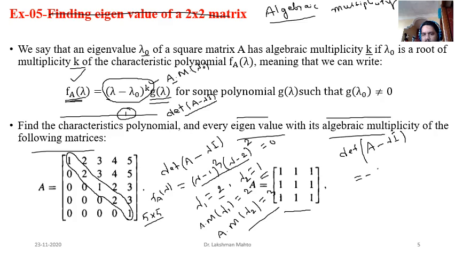It is guaranteed that negative lambda cubed will come here, then plus the trace. What is the trace? The trace is the sum of the diagonal elements, 1 plus 1 plus 1, that is 3, times lambda squared. Then one scalar factor will come, which you can also work out.